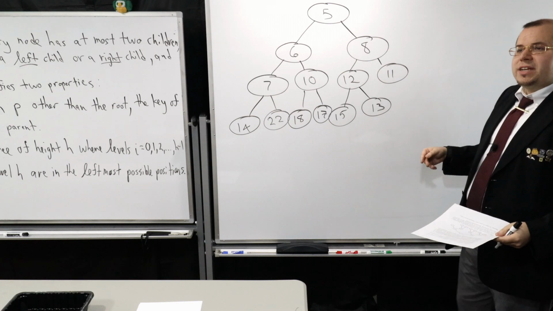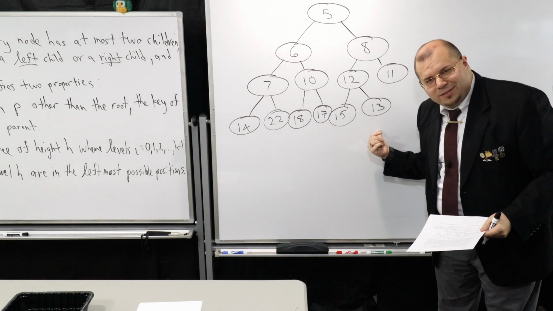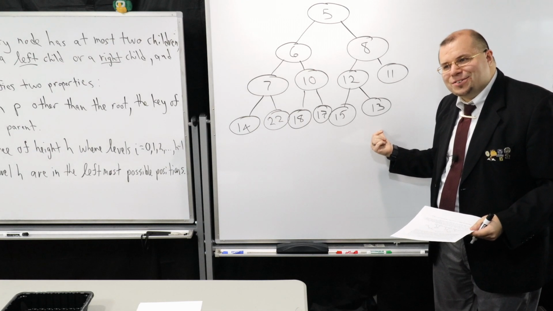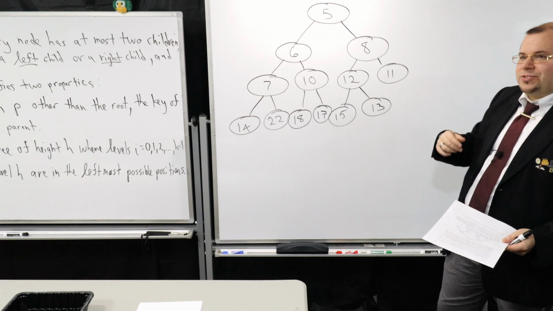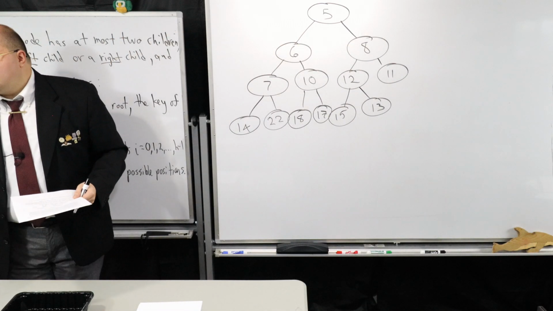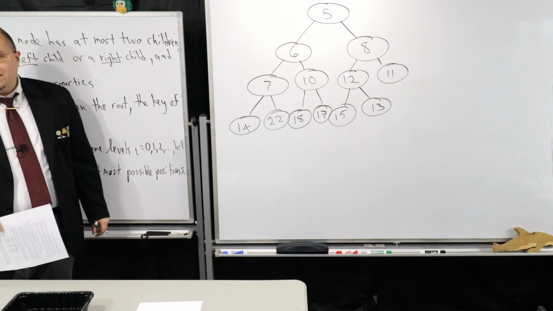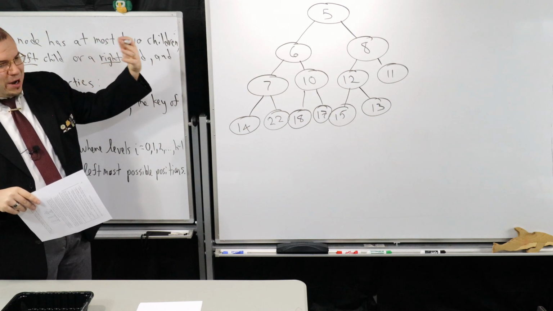So the first thing that should stick out to you is that this is not necessarily a binary search tree. Does everybody see that? Can somebody tell me why this isn't a binary search tree? I want to make sure everybody knows the difference between a binary heap and a binary search tree.